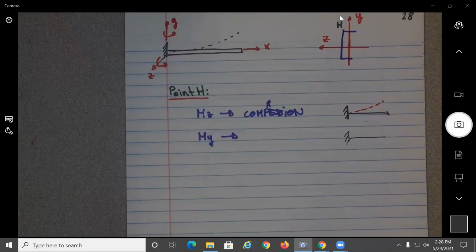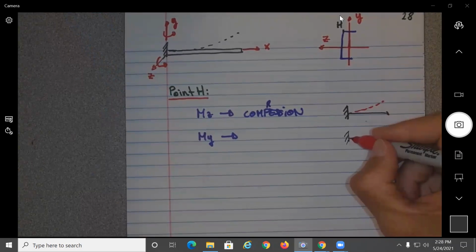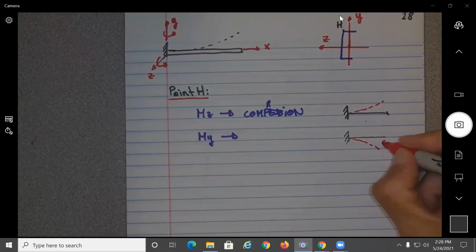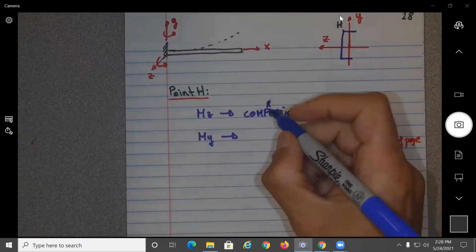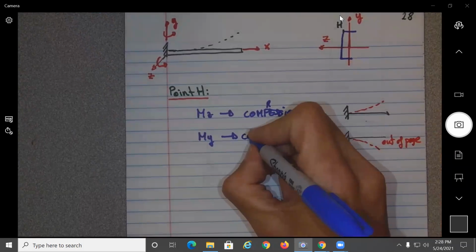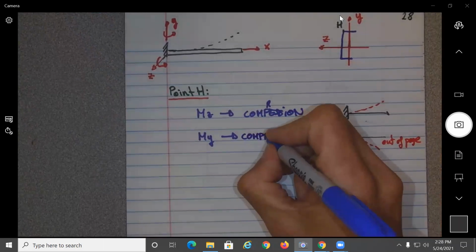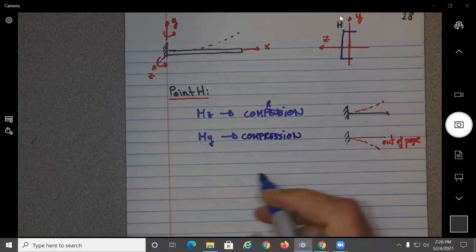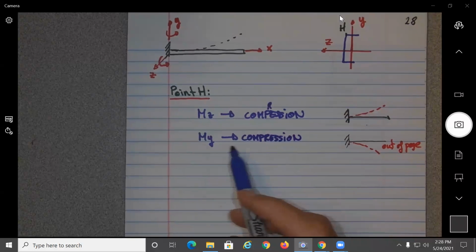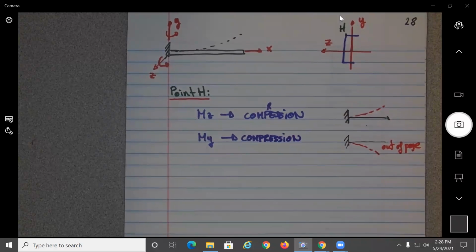So instead of in, it will be coming out of the page. And in that case, point H will also be in compression. But you were absolutely right before: if My goes counterclockwise, H will be in tension. Okay?